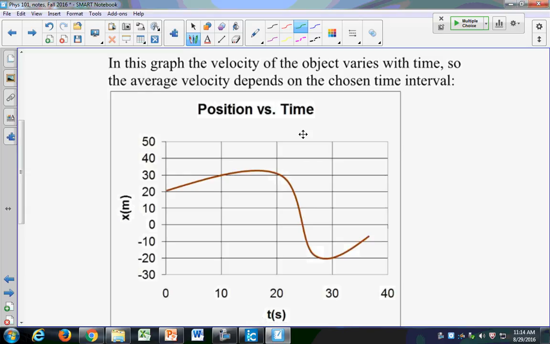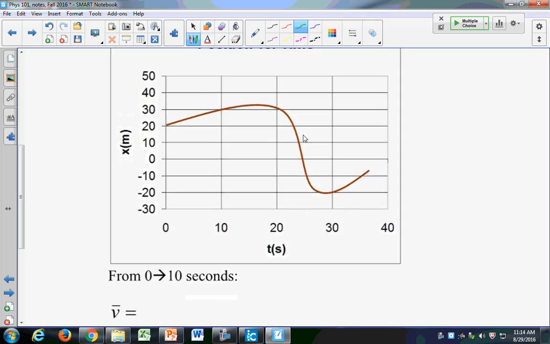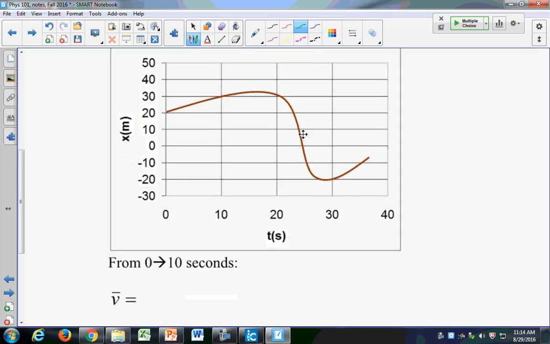So let's say, for example, I want to know the average velocity from 0 to 10 seconds. To do that, I would take the point at t equals 0 and the point at t equals 10, and I would want to find the slope between those 2 points. Or I could say, well, my final position is 30, my initial position is 20.